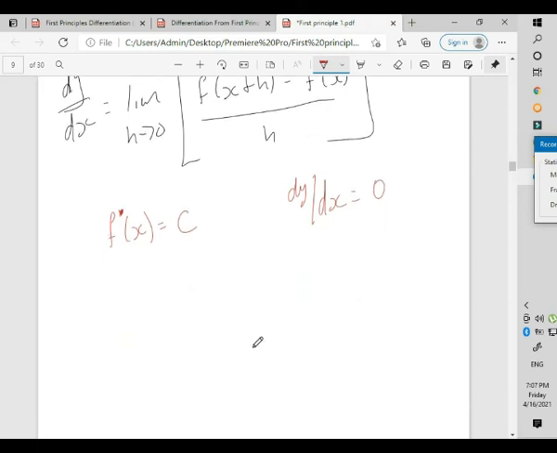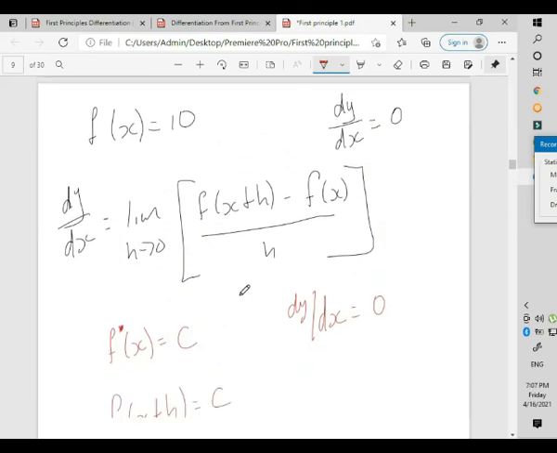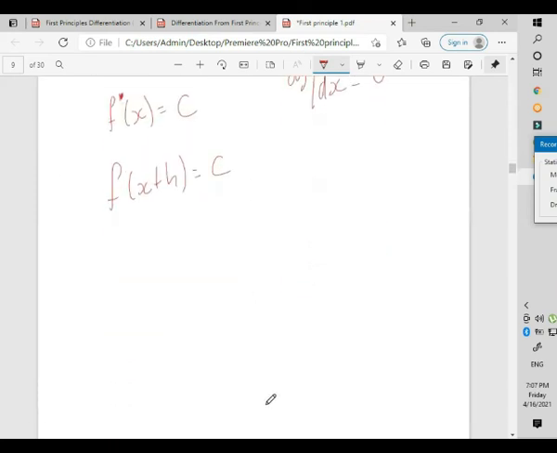Now, using that same understanding, is this also equal to the constant? I use that understanding to actually work this out. So what I would say happens next, using this here, f of x is going to be minus 10, and the f of x plus h is also 10.